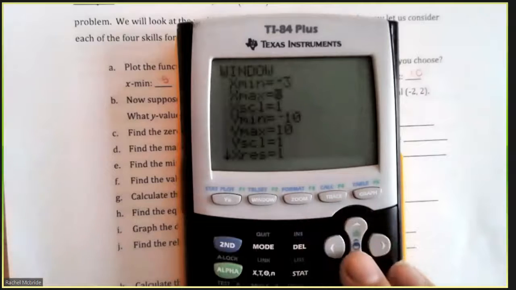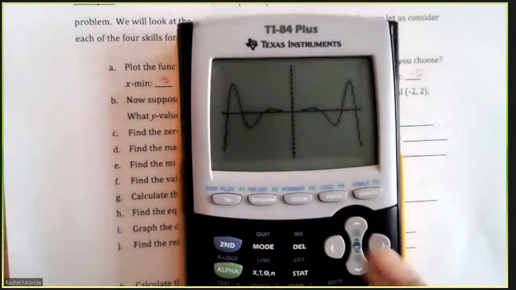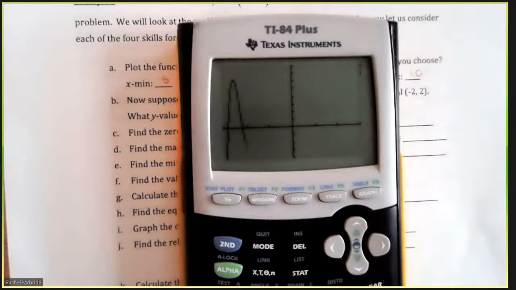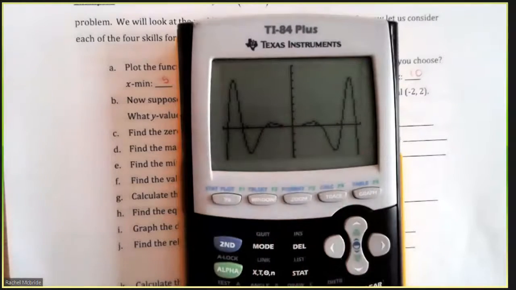So I might change my y window. Again, there's not much happening down here, so my y window is now like -4 to 8, just to zoom it in. So I can see that max, I can see that min, I can see what's happening in here. I think that's a pretty good window.